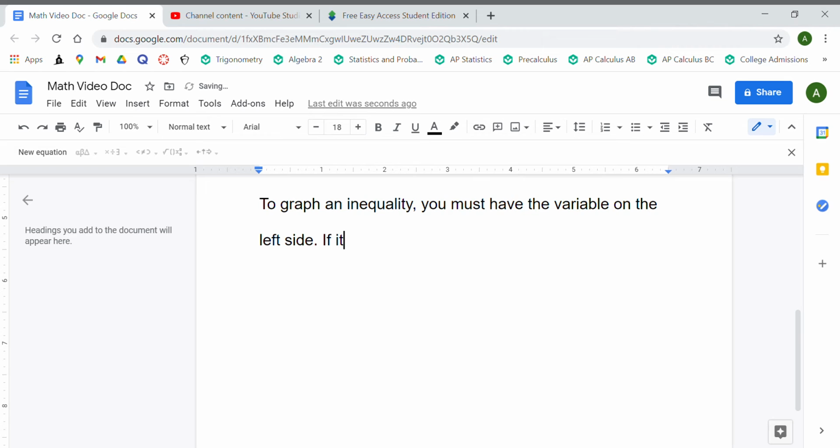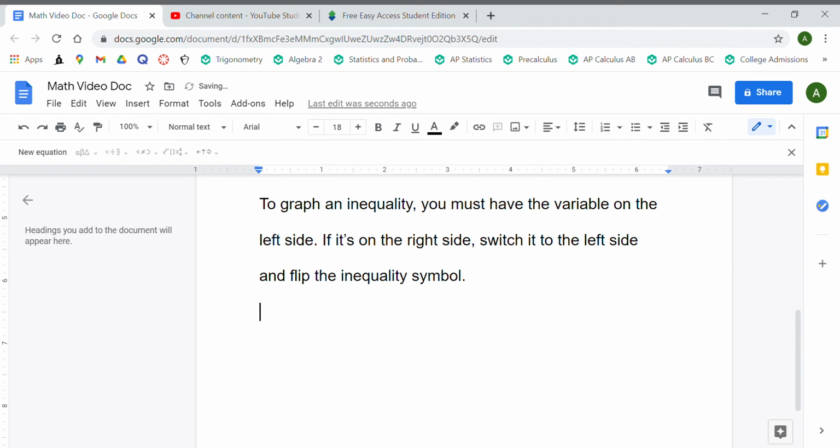If it's on the right side, switch it to the left side and flip the inequality. Simple.